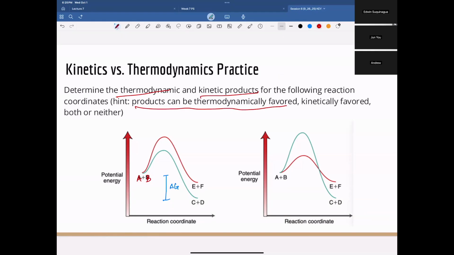And then for this red line, the delta G is only around this much. The more delta G or free energy there is, the more thermodynamically favorable it is. In this case, since the blue line has more free energy, it's going to be more thermodynamically favorable. C plus D, thermodynamics.